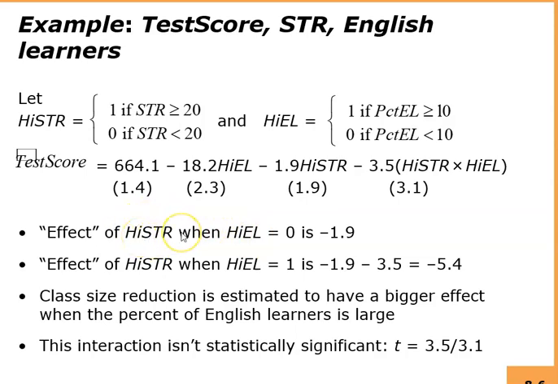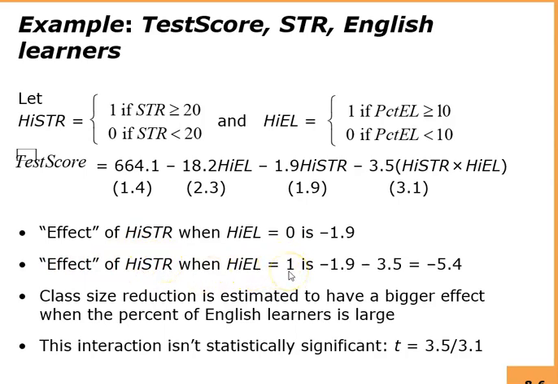So when you subtract both of these equations from each other, you will basically get the effect of changing high STR from 0 to 1 when high EL takes the value 0, and you will get the effect as minus 1.9.